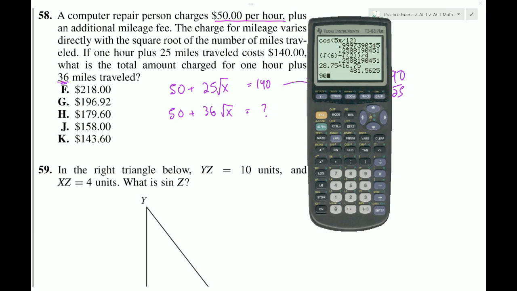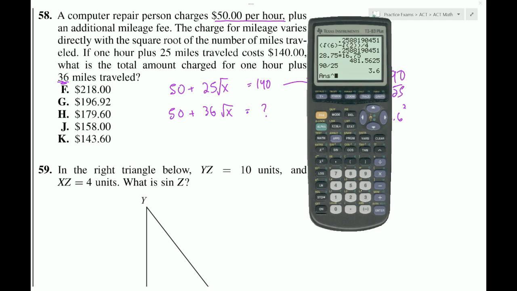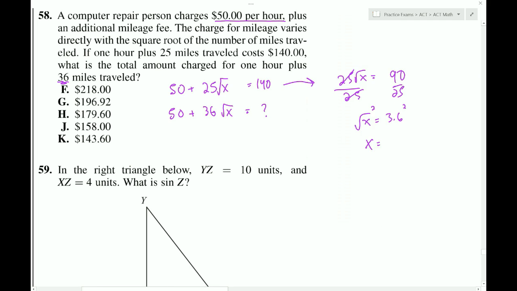Calculator, 90 over 25 gives us 3.6. And then we square both sides. So 3.6 squared equals 1296. Alright, so that's our value of X. So this gets plugged in here. Well, actually, we can even plug in for the square root rather.